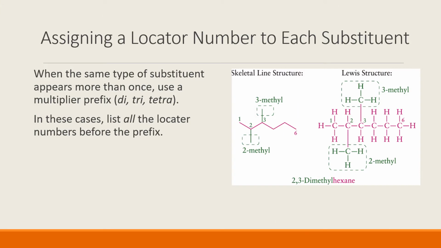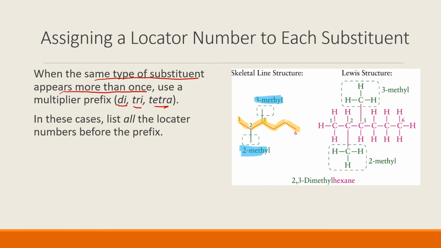As we learned in the previous slide, when the same type of substituent appears more than once, we use the prefix di, tri, or tetra. For example, in this case, our parent chain is a 6 carbon long chain, and we have a substituent methyl at number 2 position, and we have a substituent methyl at number 3 position also.